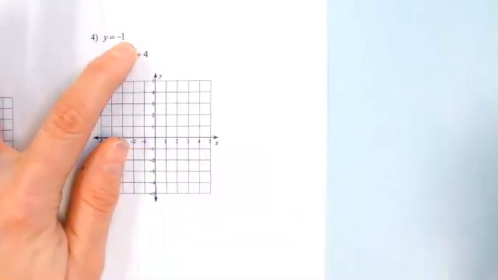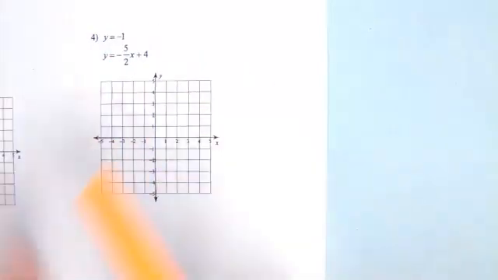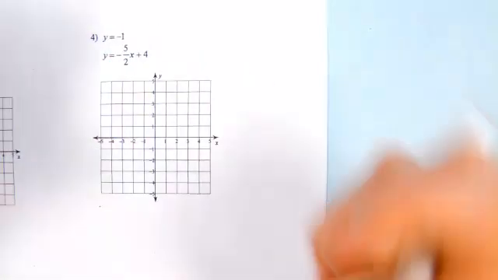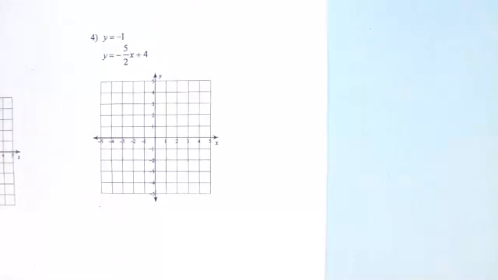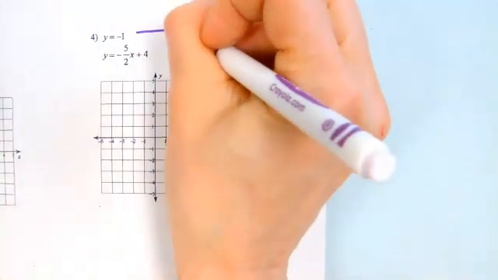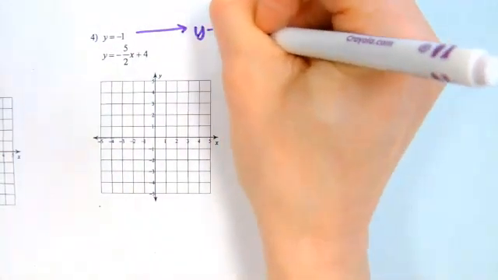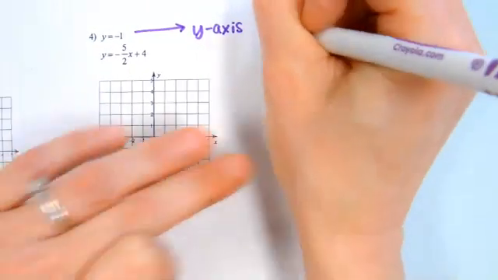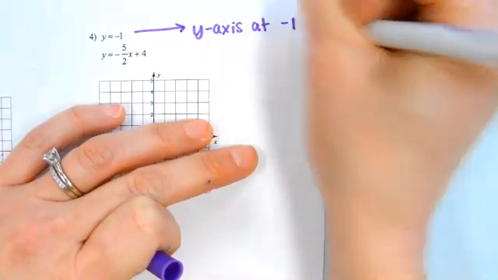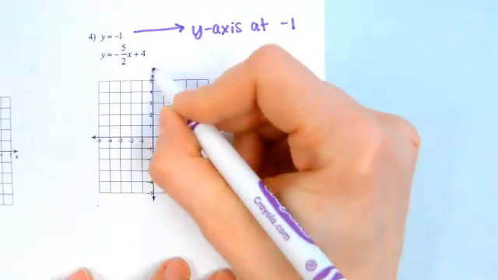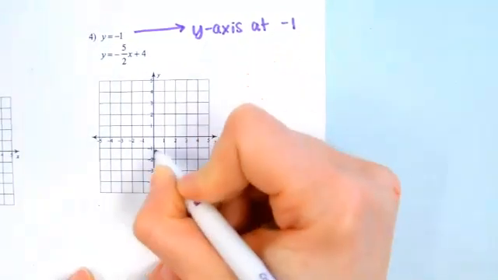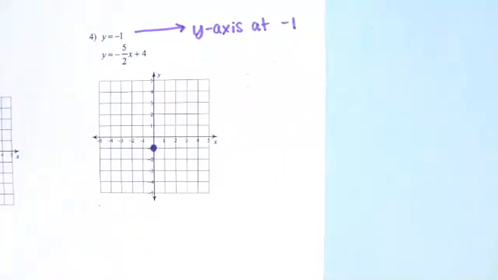It just says y equals negative 1. Well, if that's the case, what I showed you last week is that we use the y-axis, we find negative 1, and that's going to be our dot.